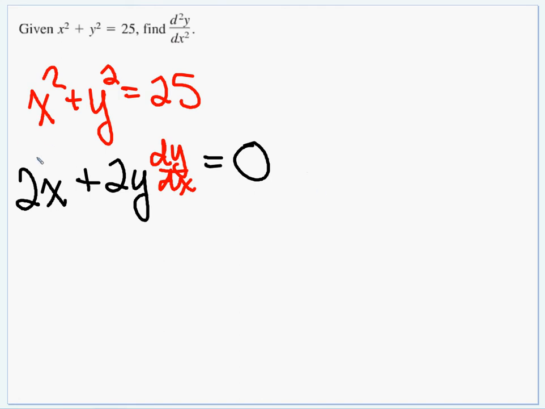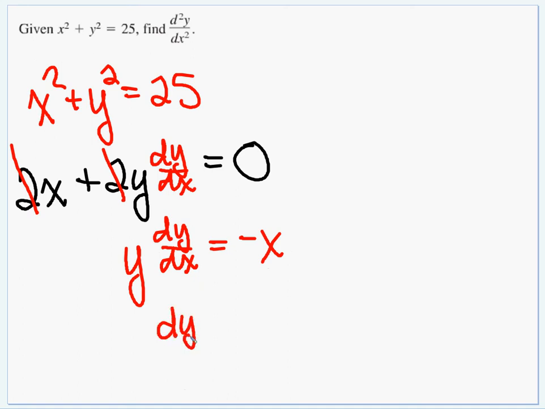So right now, we can divide by 2 and get rid of those 2's. 0 divided by 2 is still 0. And then we're going to subtract x. So we're going to have y dy/dx equals negative x. And then when we divide both sides by y, dy/dx equals negative x over y.